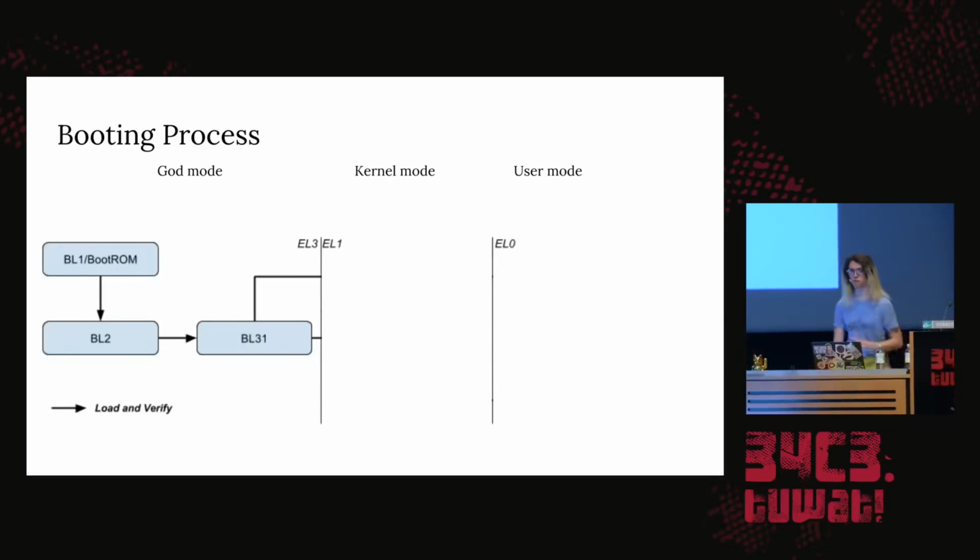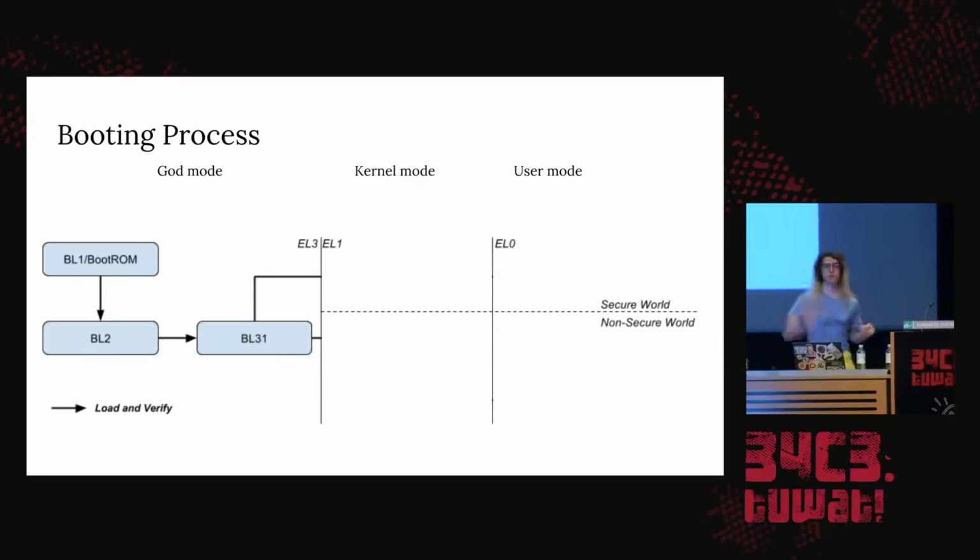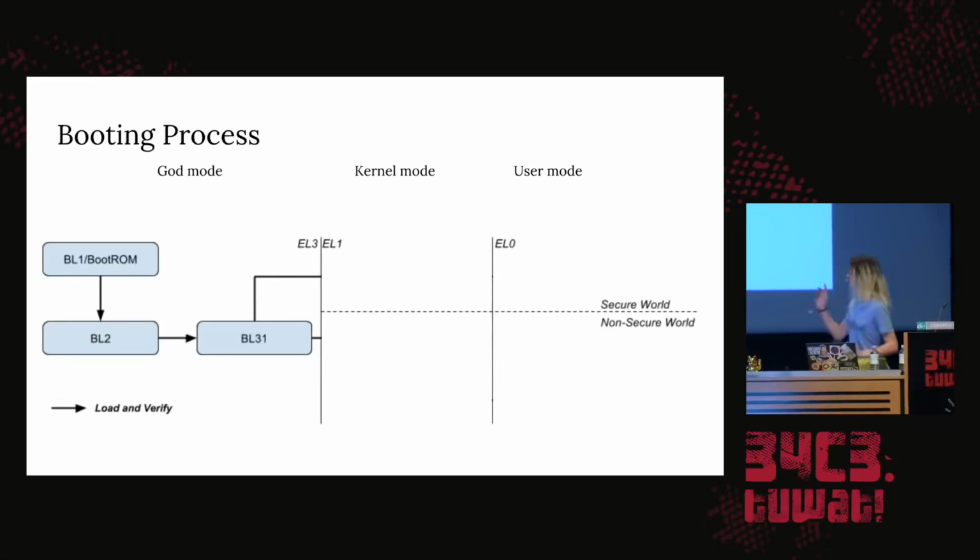So the bootloaders operate very privilegedly, and one of the things that they need to do is establish the ARM TrustZone, the trusted execution environment that lets people do really secure things on Android phones. This is something that is set up by the BL31 bootloader.